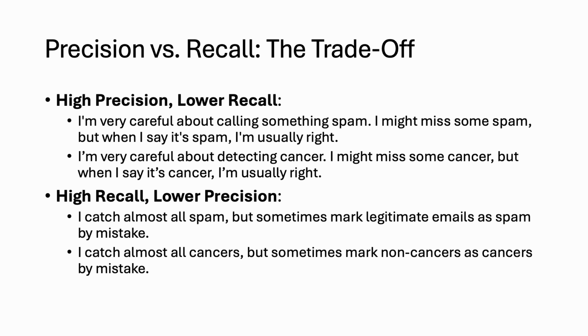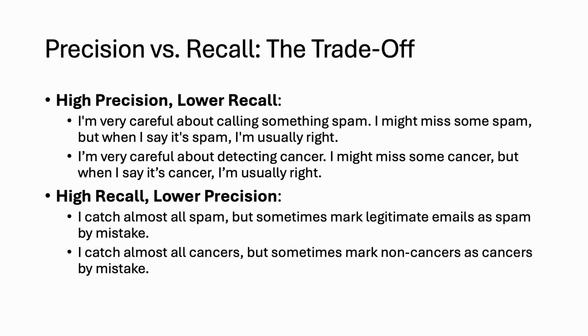And the second case is where we have high recall value but lower precision. What happens is that it catches all the spam, but sometimes marks a non-spam email as spam by mistake.